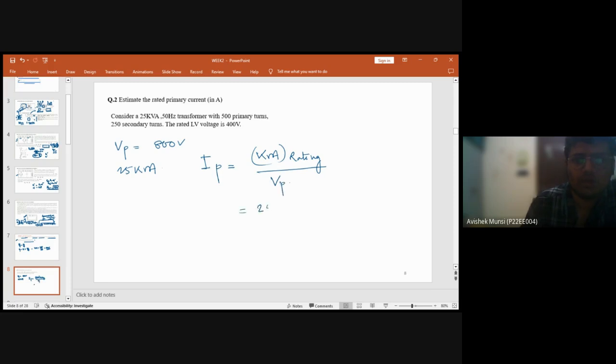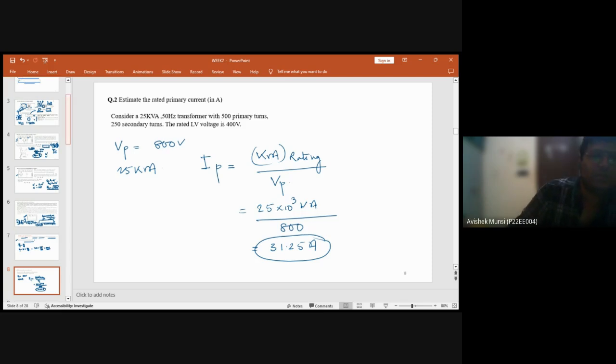So it is 25 kVA by 800. If you calculate it, it will be around 31.25 ampere. So those who got 31.25 are correct, right?